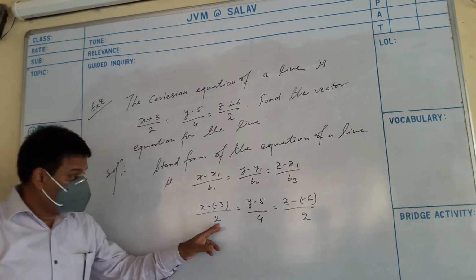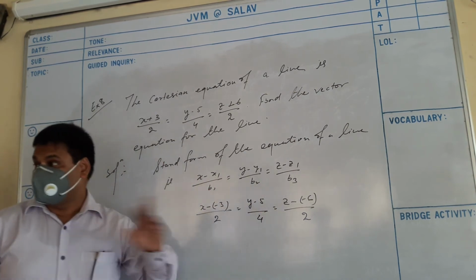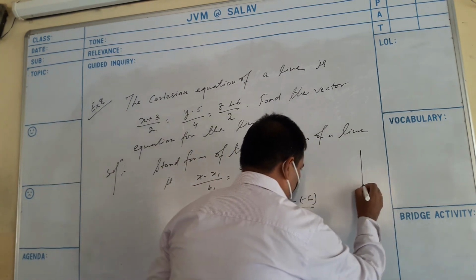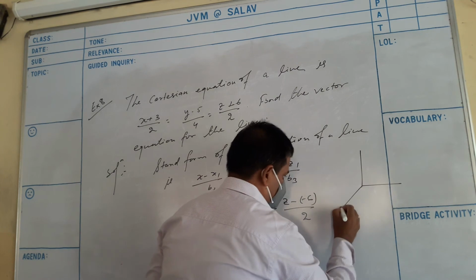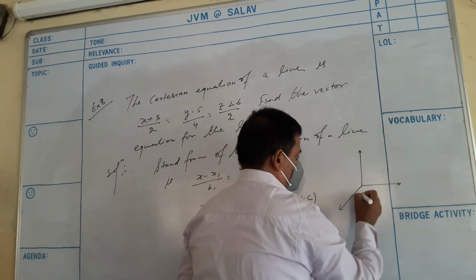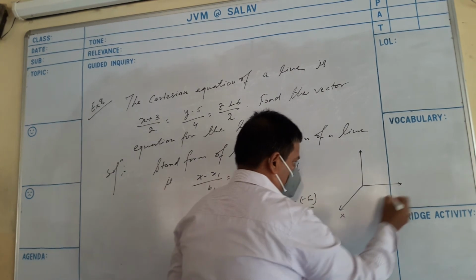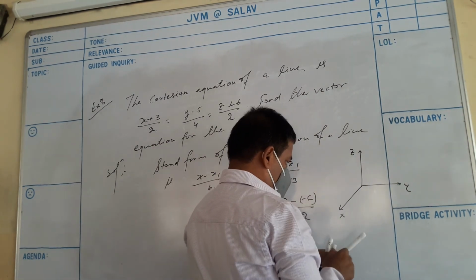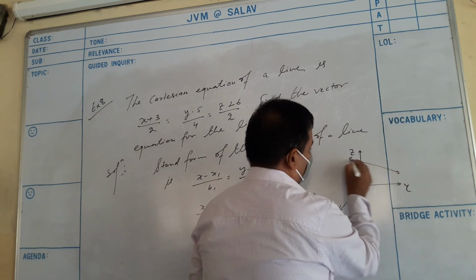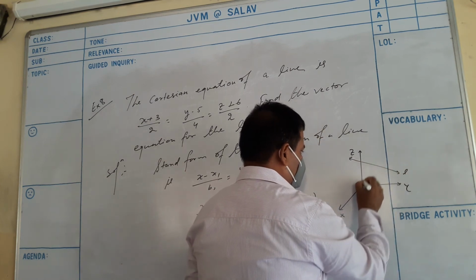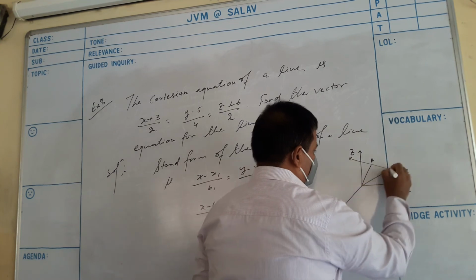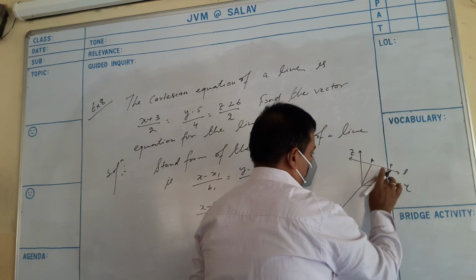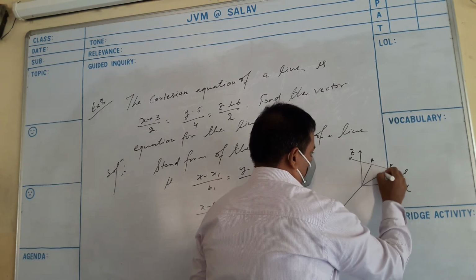So this is your v1, v2, v3. This is the vector v. So your equation here, this is the line L. Here A, here B or P, position vector r.